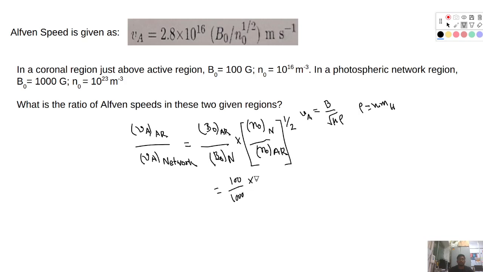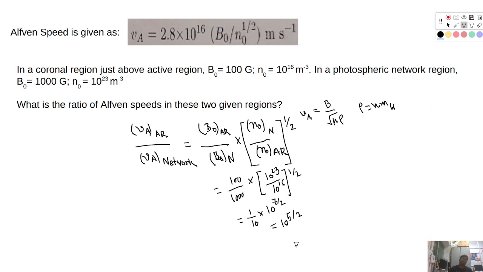So 100 by 1000, and then in the network region it is around 10 to the power 23, and here it is 10 to the power 16. So this is 1 by 10, right? And you have 10 to the power 7 by 2, that means you have 10 to the power 5 by 2.